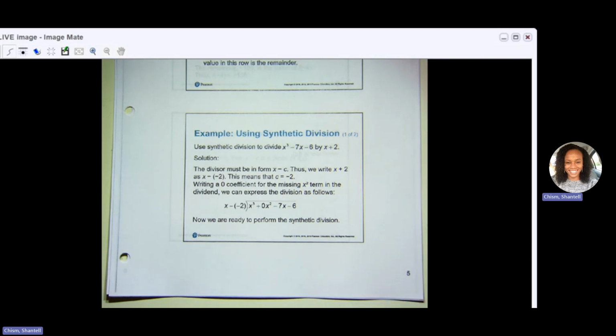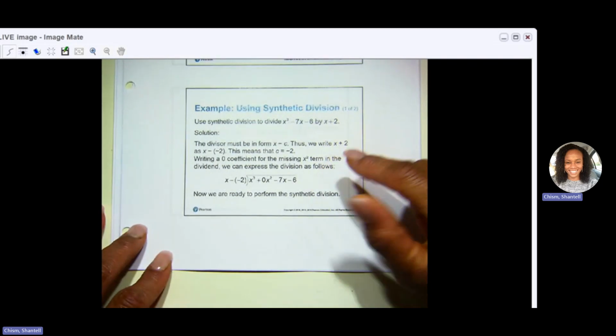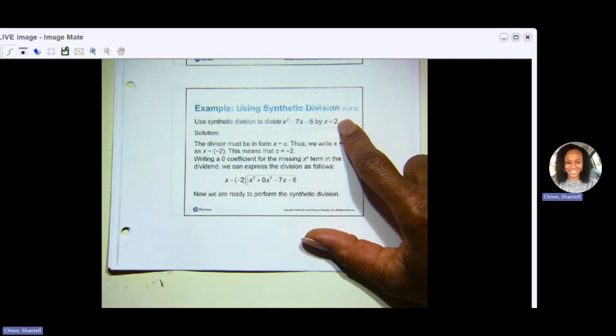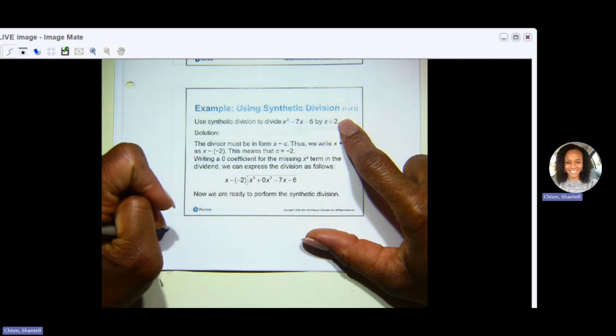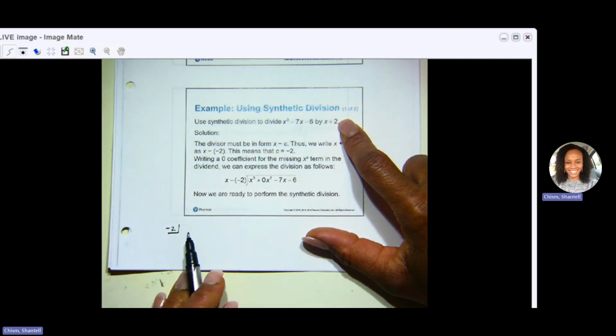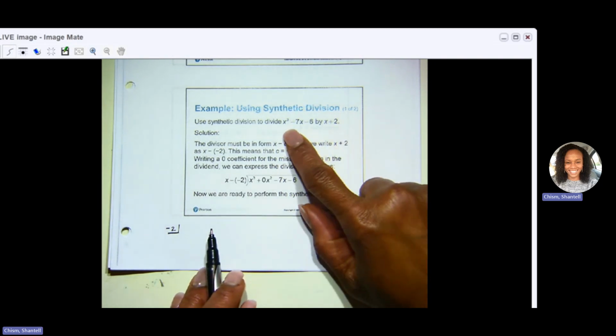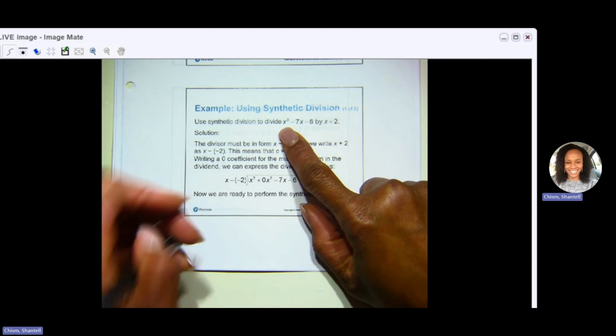So when we get ready to perform synthetic division, I'm going to write it down right here, and then I'll flip it over. I'm going to take the opposite of that c term, so I'm going to box off the -2 right here, and in a row right beside it, I'm going to place the coefficients of my dividend. My leading coefficient is 1.